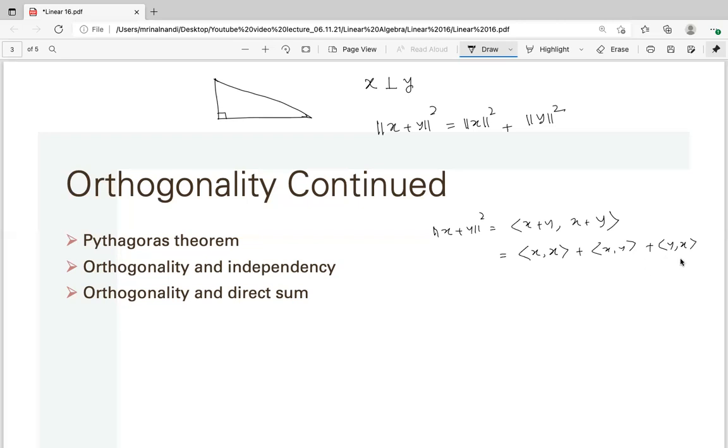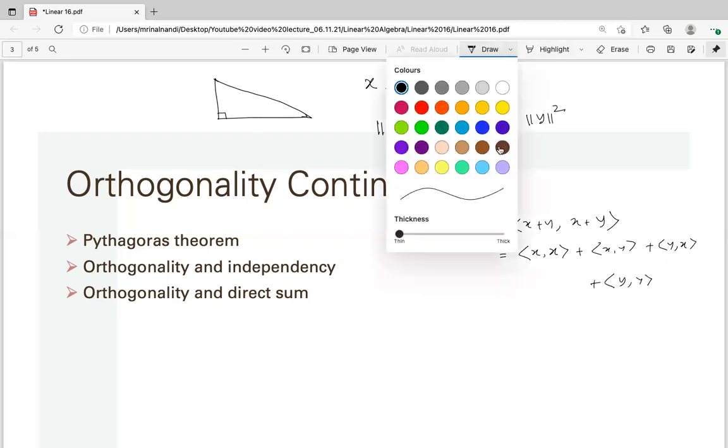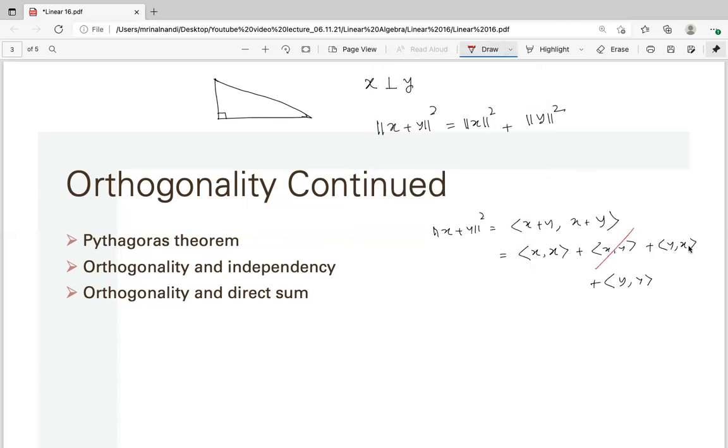But if the inner product is defined on C, then the inner product yx is the conjugate of the inner product xy. Then yy. Now since they are perpendicular, these both are 0. So whatever yx is, the inner product xy or its conjugate, this is 0. And by definition, this is the norm of x squared plus the norm of y squared.